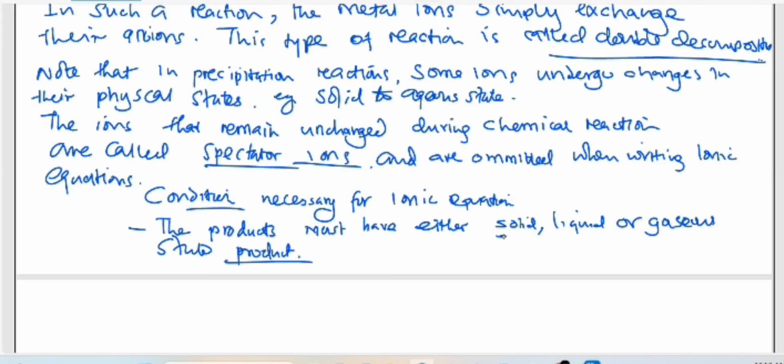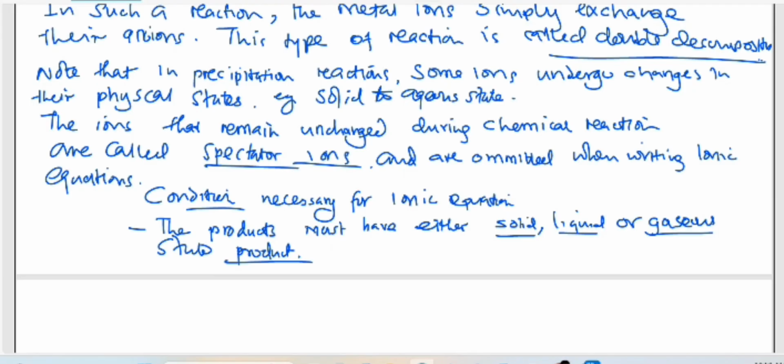If you can form a solid, liquid, or gaseous product, then you qualify to write an ionic equation. But suppose you form all of them in aqueous states, then you cannot qualify to write such an equation.